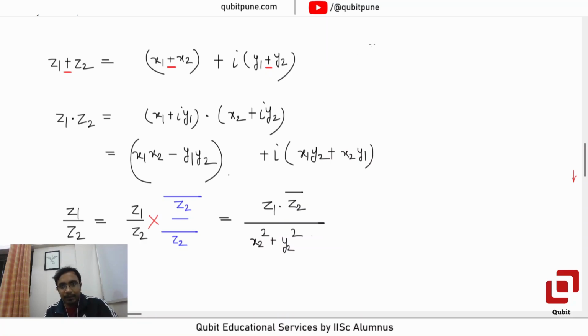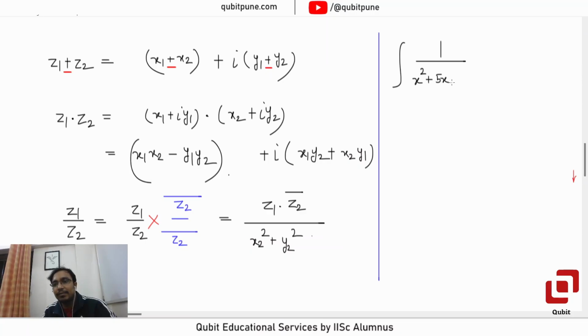Now, just an off-topic point. You people may remember that we have problems of the following kind in partial fractions. Say x squared plus 5x plus 6.